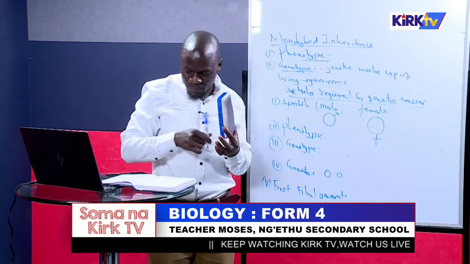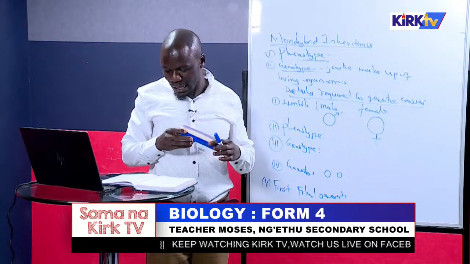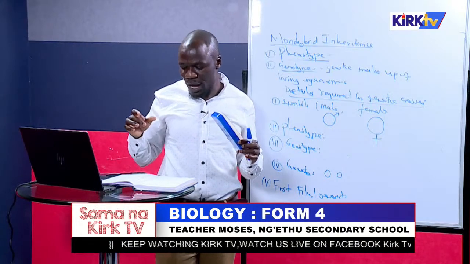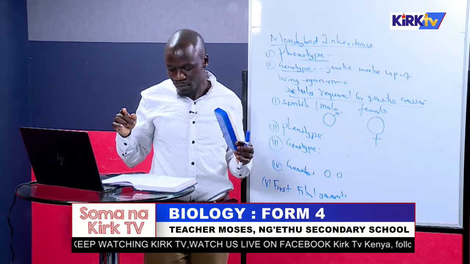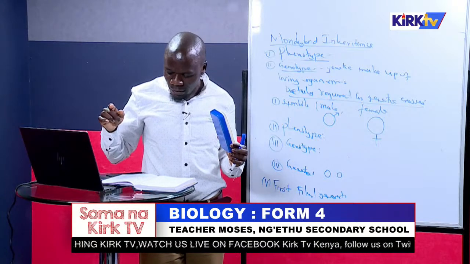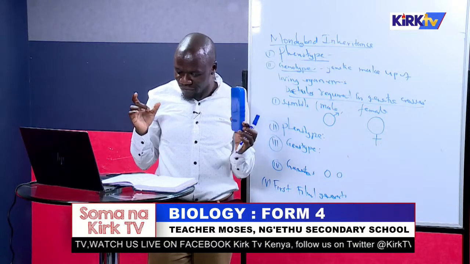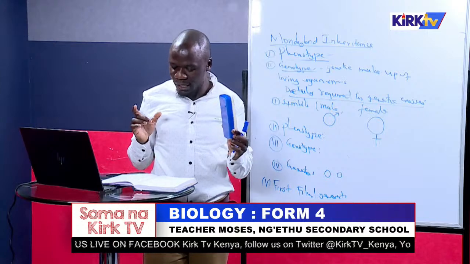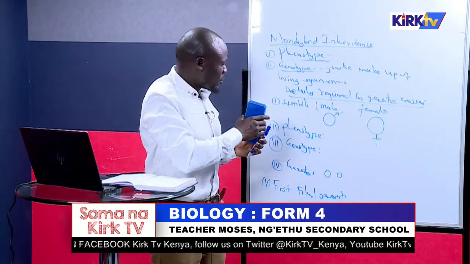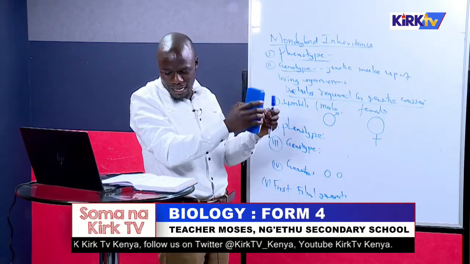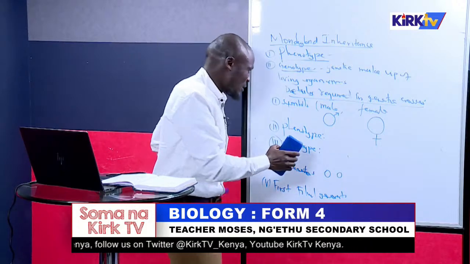So from here, if you are listening keenly, we've been told that we have a garden pea. One has red flowers. Another one has yellow flowers. So we have two types of plants, but with different flowers.